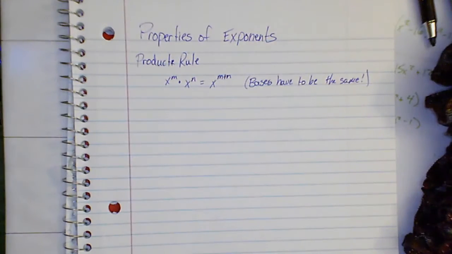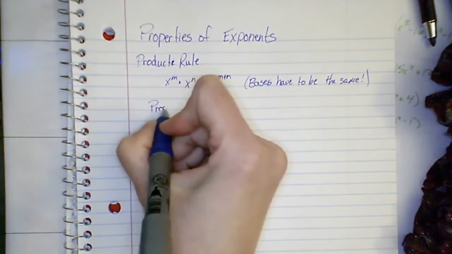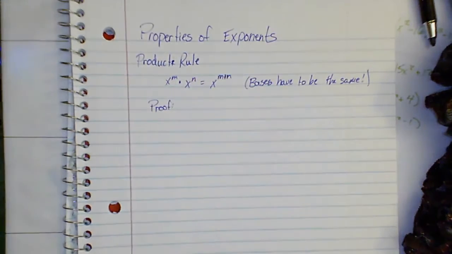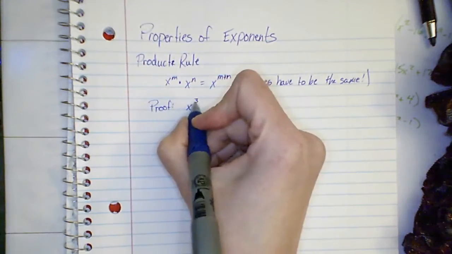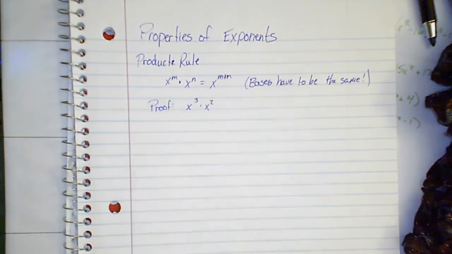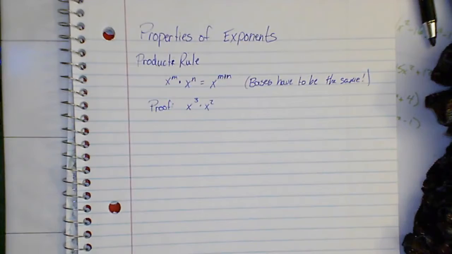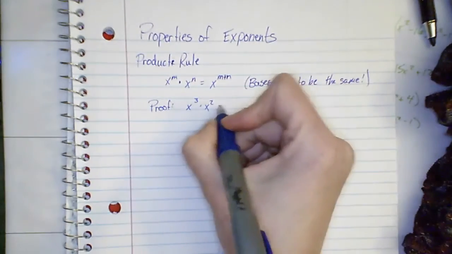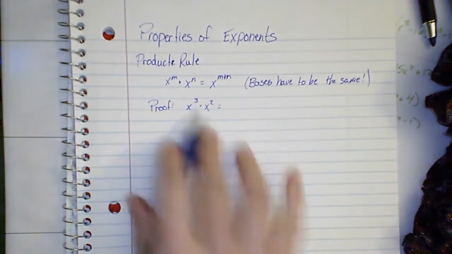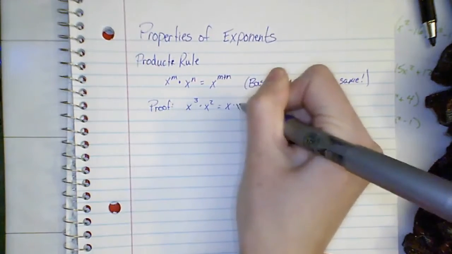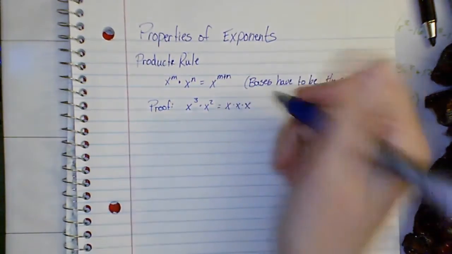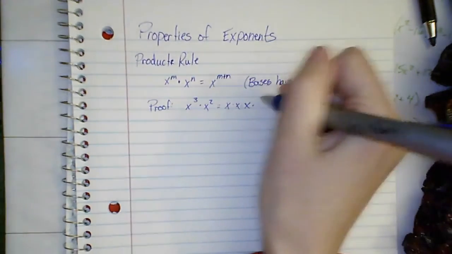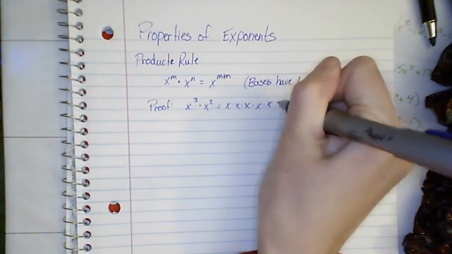So here is a proof using actual values. We have x to the third times x to the second. The definition of the exponents means x to the third just means we have x times x times x, 3 x's being multiplied together, times 2 x's, x times x.